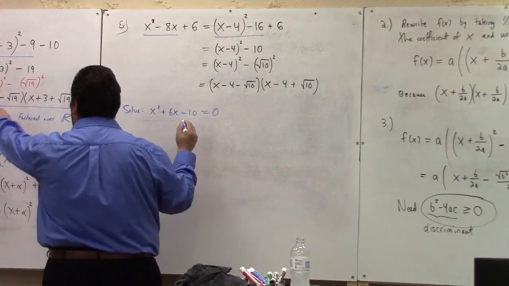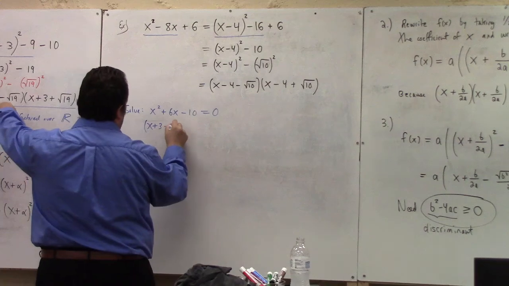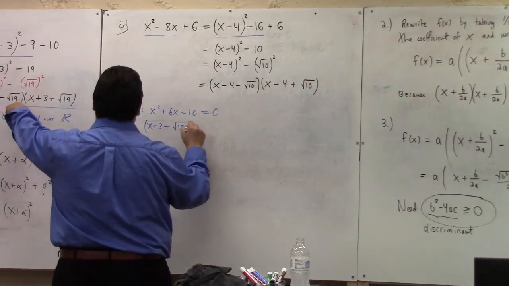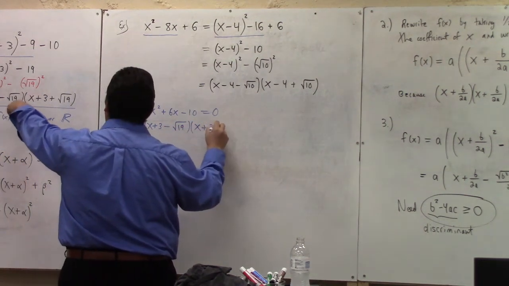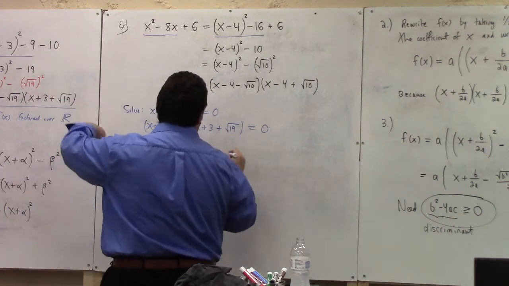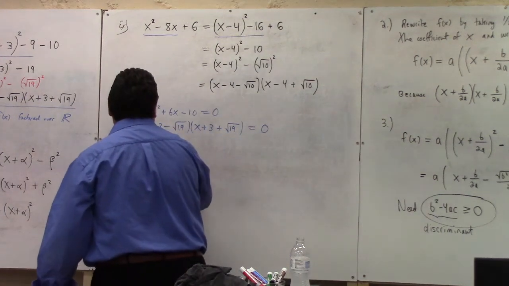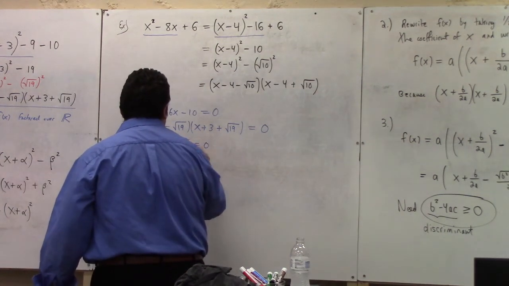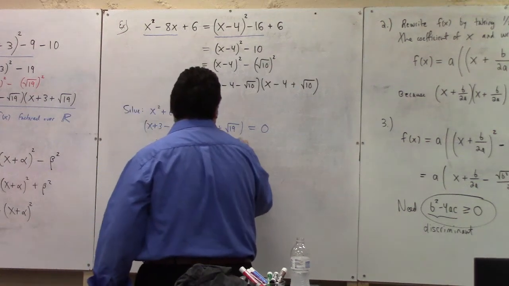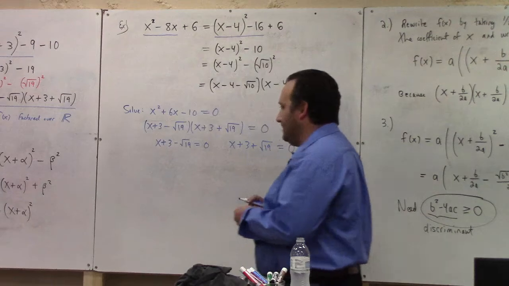You see, if we factored it like this, then it's a piece of cake, right? If you've got factors, what does this tell us? That tells us either x plus 3 minus root 19 is equal to 0, or x plus 3 plus root 19 is equal to 0.